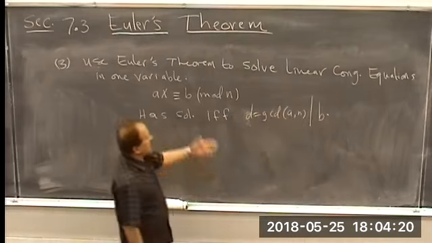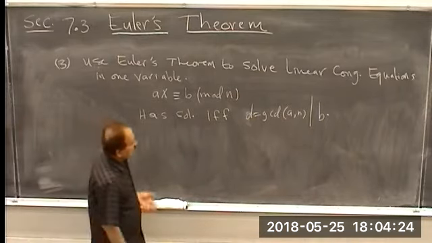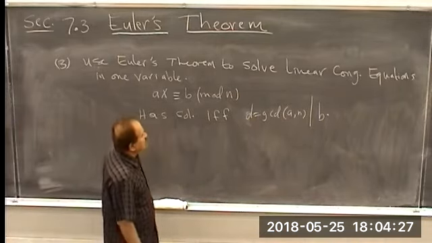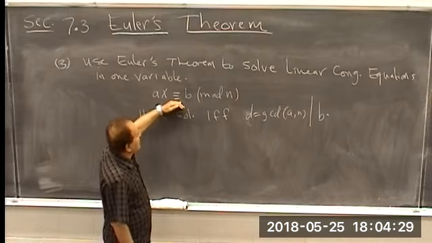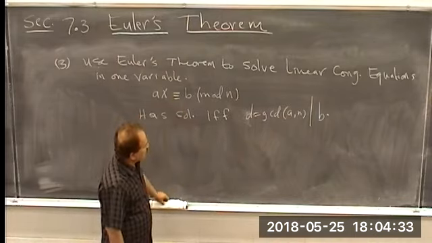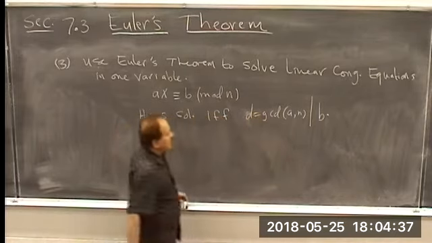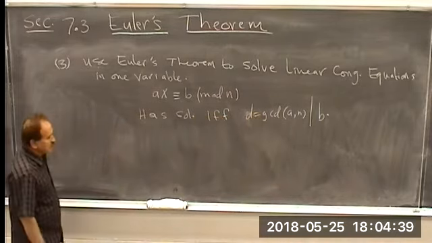And if this is the case, there are d incongruent solutions mod n, d different ones. And if we know how to find one, then we can find all the others from this one. This is a procedure that we have covered in chapter 2.